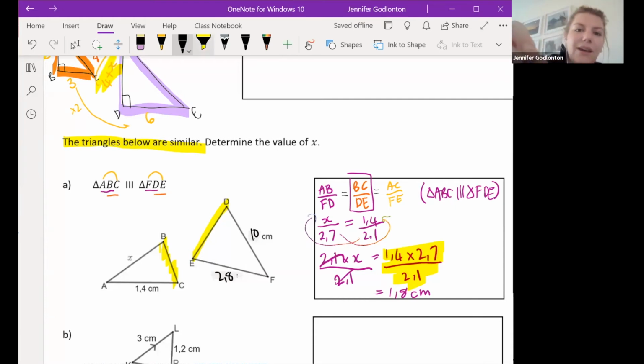We would be able to see that 1.4 is half of 2.8. So that means that X would be 5 because it would be half of 10. Yes, ma'am. That's the quick way. So the quick way we can only do if they give us nice numbers to work with. So if it's like a times by 2 times by 3 situation. Oh, okay. Thank you. But if they don't give us nice numbers like that, we have to go the long way.